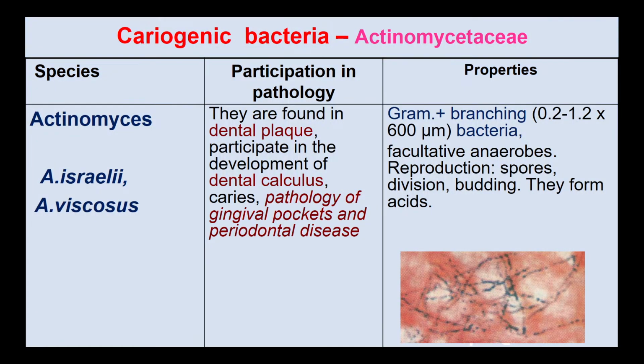The next bacteria we talk about is Actinomycetes. Actinomyces israelii or viscosus are famous species. Very interesting bacteria. The name suggests at first thinking that it is not a bacterium. Yes, it looks like a fungus.